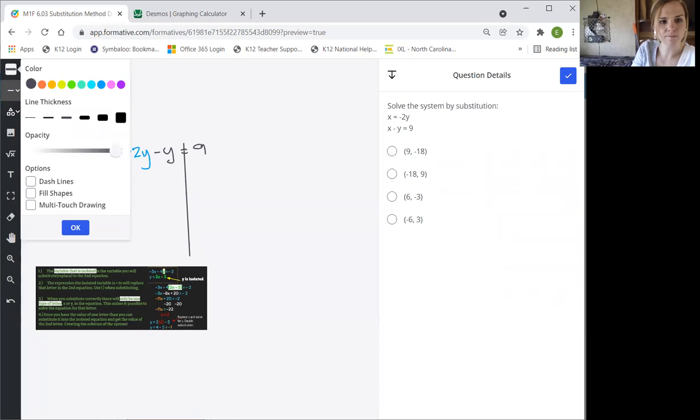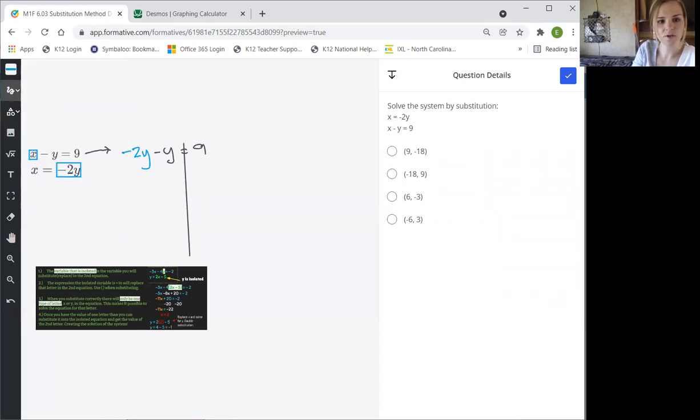To solve this one, we want to combine our like terms. So negative 2y and negative y is negative 3y. Divide by negative 3 on both sides. That gives us y equals negative 3.